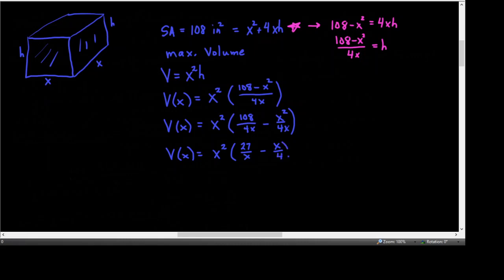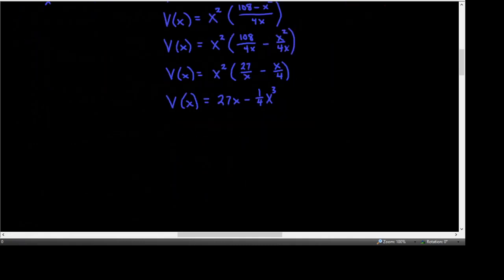Okay, make sure that everything's right. Now I'll distribute the x squared. So that's going to leave 27x minus 1/4 x cubed. Notice I wrote that division by 4 as a coefficient of 1/4. Again, for derivative purposes, that's a better form.